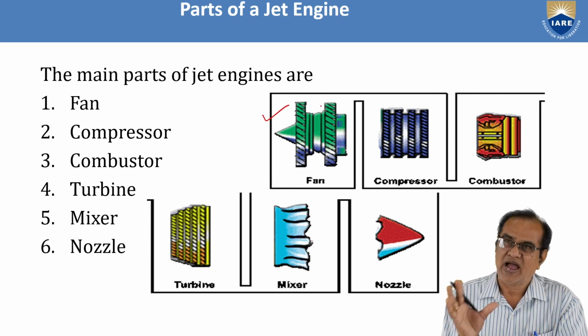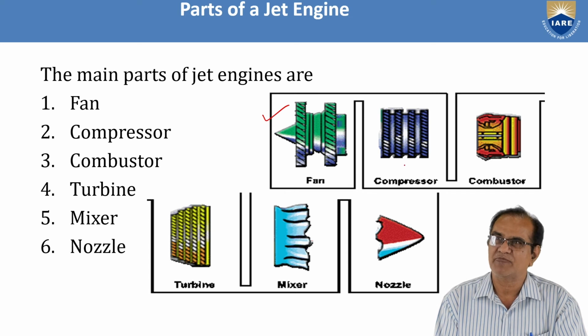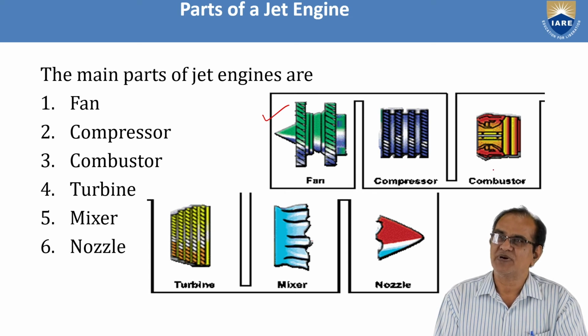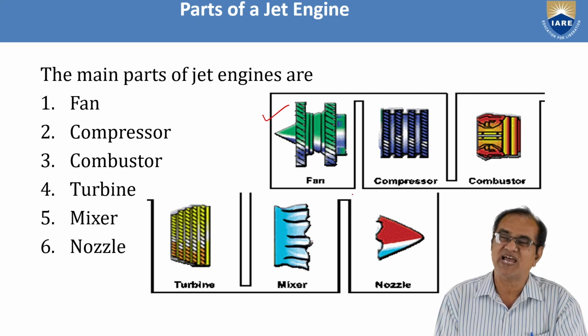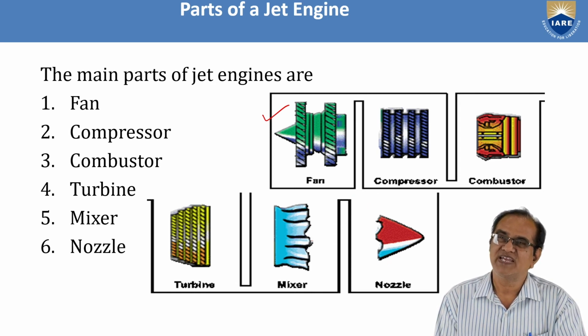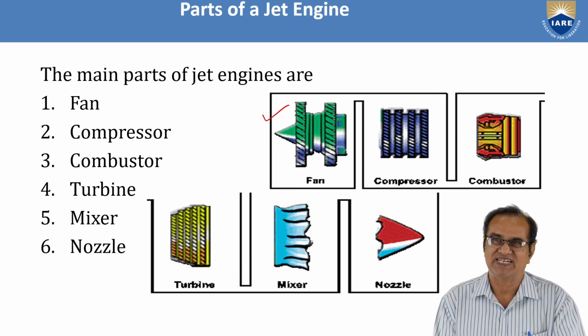Ahead of the compressor, some bigger size fans are fitted. Then you have the compressor. Then you have the combustor. Combustor is also called the combustion chamber. Then you have the turbine. After the turbine, you have the mixer, and then you have the nozzle. So all these 6 parts I am going to discuss one by one in detail in the next slides.